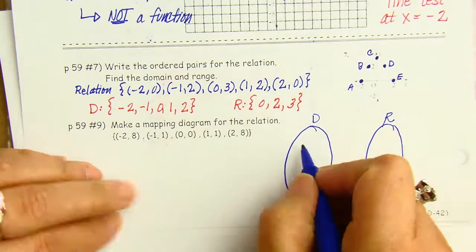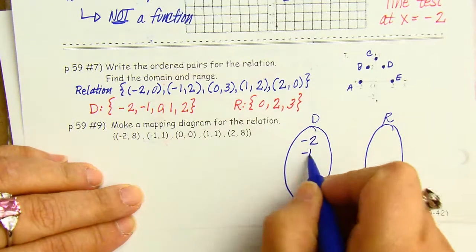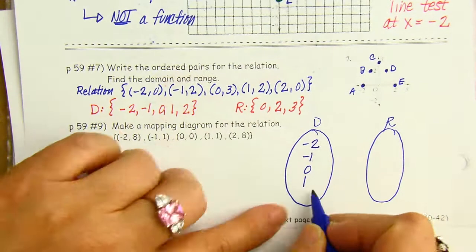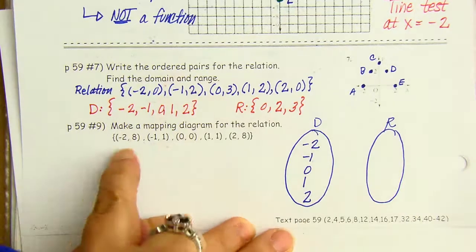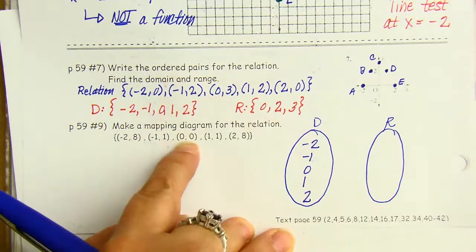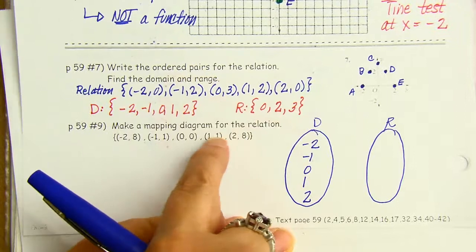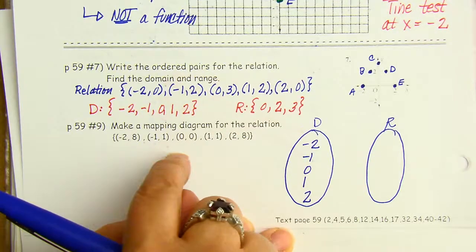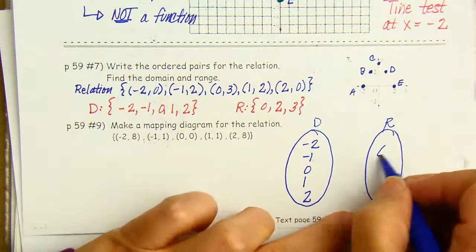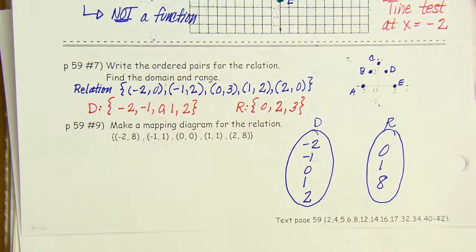They're already in increasing order. And my y values, 8, 1, 0, 1, and 8. 1 and 8 are repeated. I'm only going to put them in there one time. So I've got 0, 1, and 8. And now I'm just going to do my mapping based off of my ordered pairs.